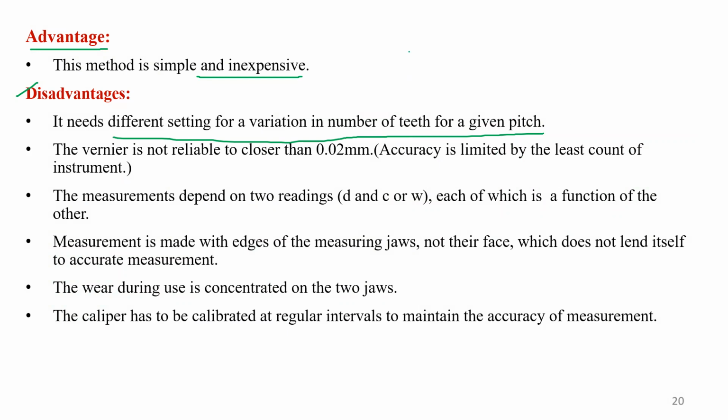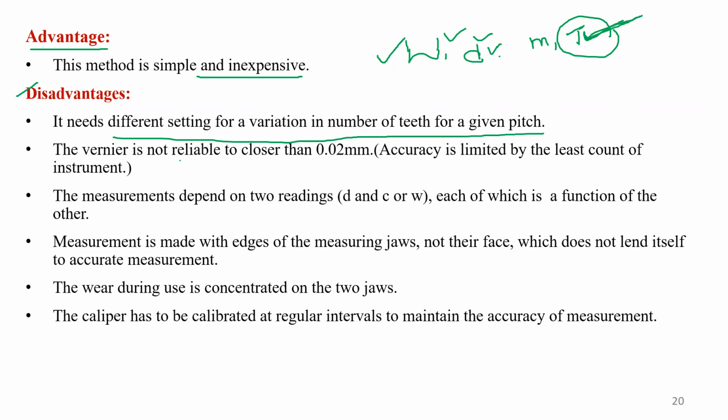As W and D depend on the module and the number of teeth, as we have seen in the formula, for gears with a different number of teeth we need to measure W and D each time. So this process is laborious and time consuming, because W and D depend upon the number of teeth.